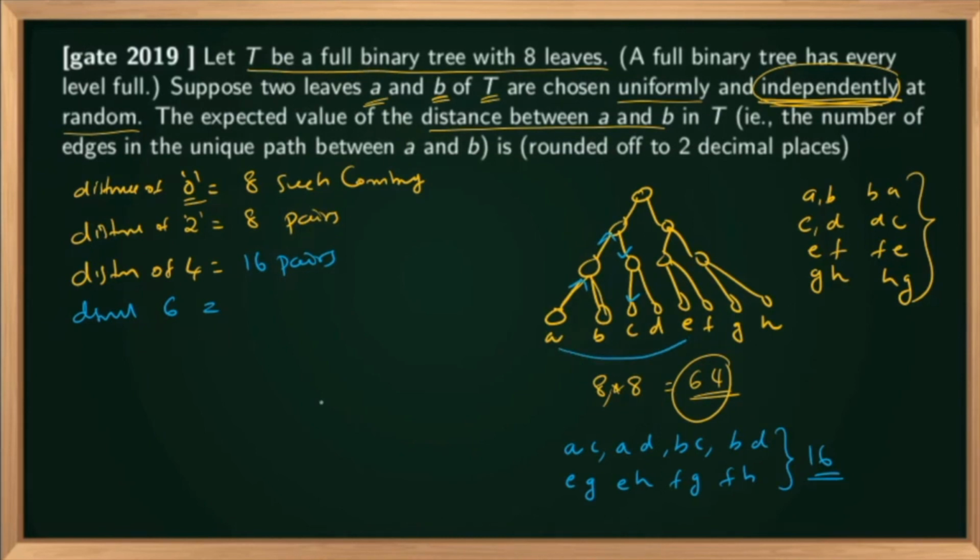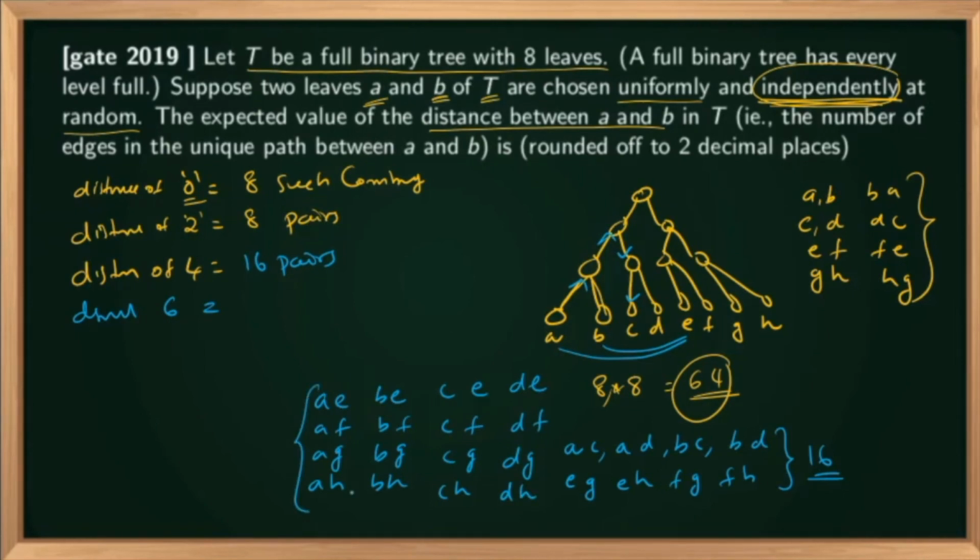So you can have AE, AF, AG, AH, then BE, BF, BG, BH, then CE, CF, CG, CH, then DE, DF, DG, and DH. This is 16, and you can also have the other pairs, for example EA, EB, like that. So this is actually 32 pairs.